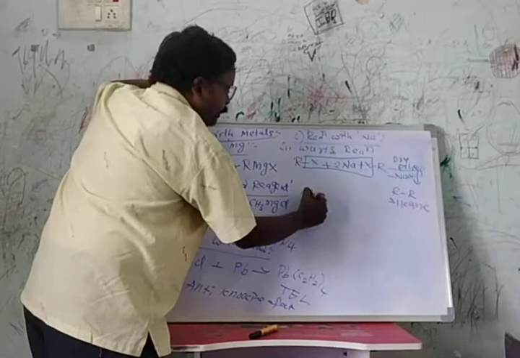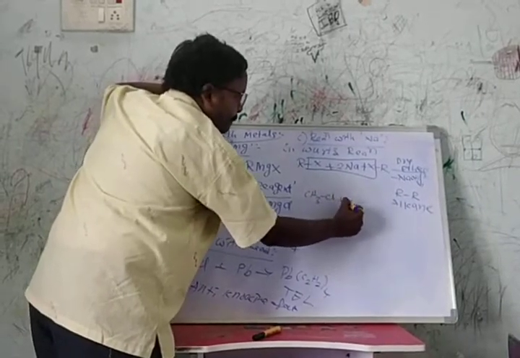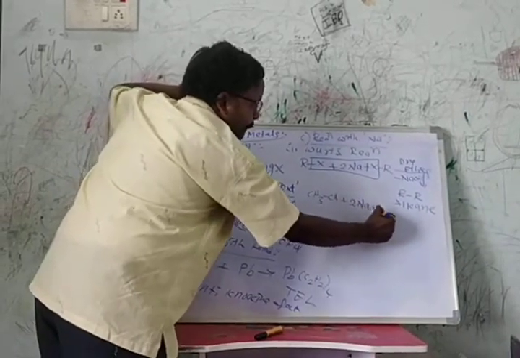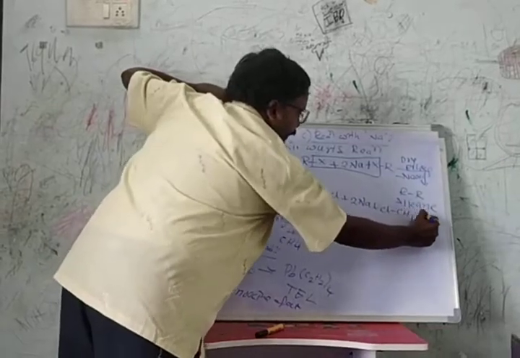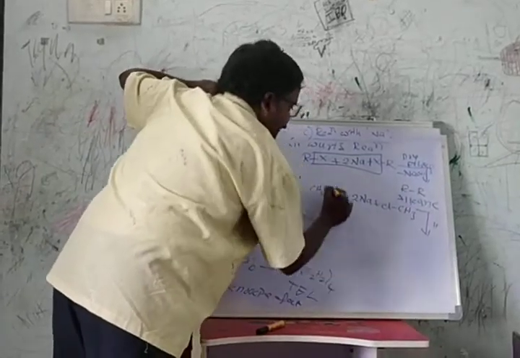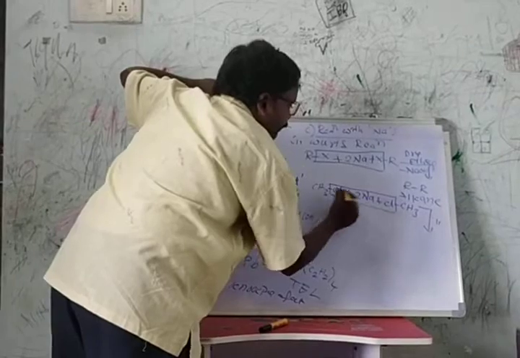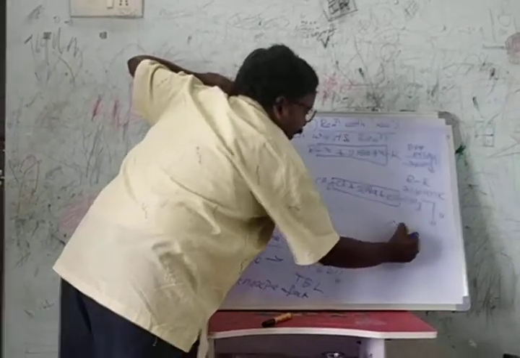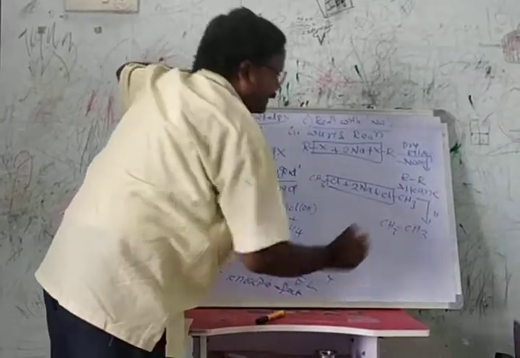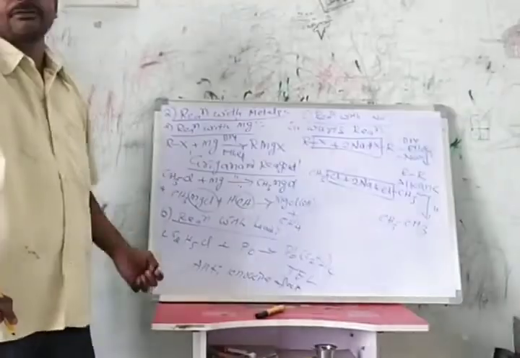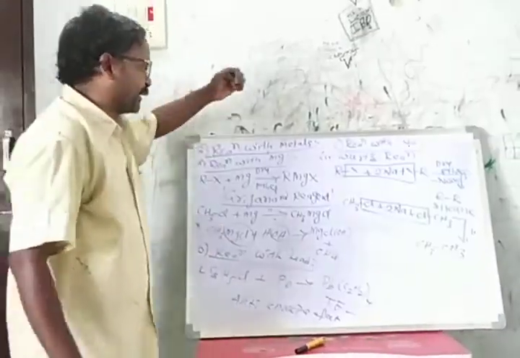Take 2 moles of methyl chloride in the presence of dry ether; it loses 2 moles of sodium chloride and forms higher alkanes. This reaction is used for the preparation of higher alkanes.